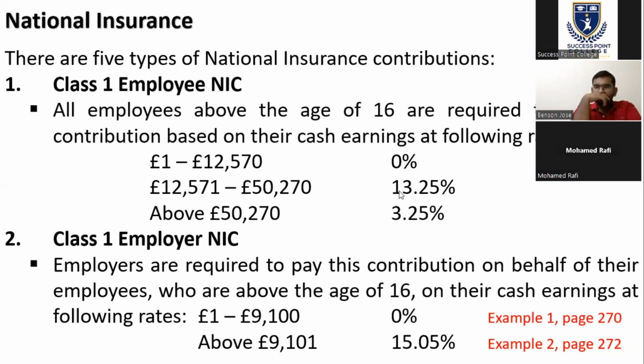Both amounts, class 1 employee and class 1 employer, I will pay to the NIC fund. It is deposited by the employer, regardless of whether it is employee NIC or employer NIC. But class 1 employee NIC is deducted from the employee's salary, whereas class 1 employer NIC is paid by the employer, with the percentage again based on the same amount, the employee's cash earnings.